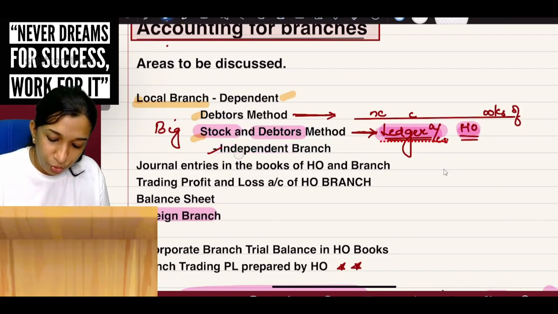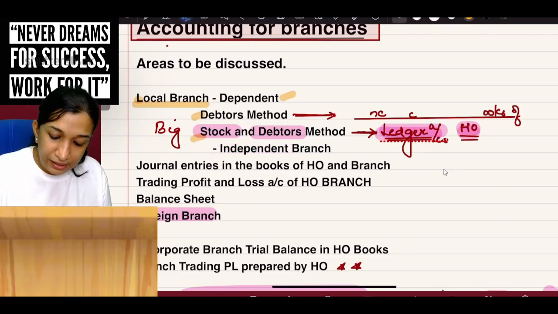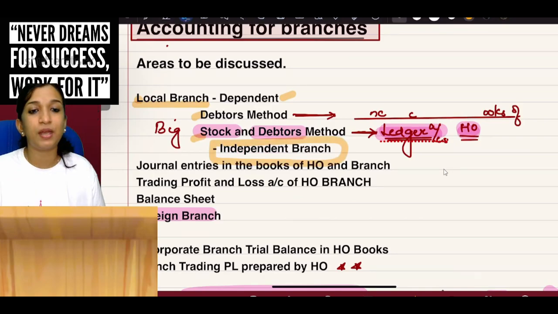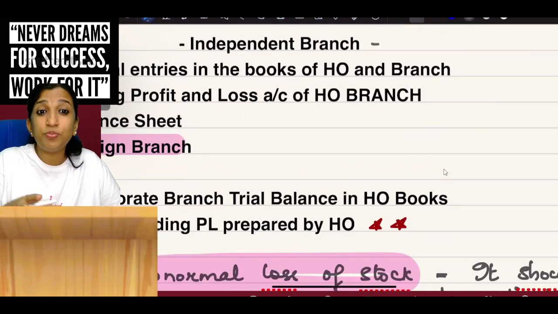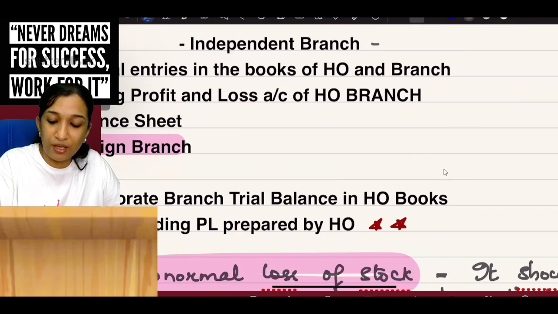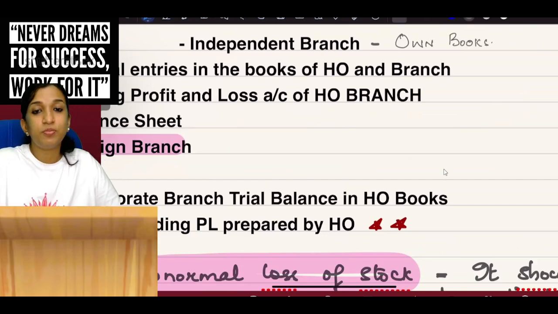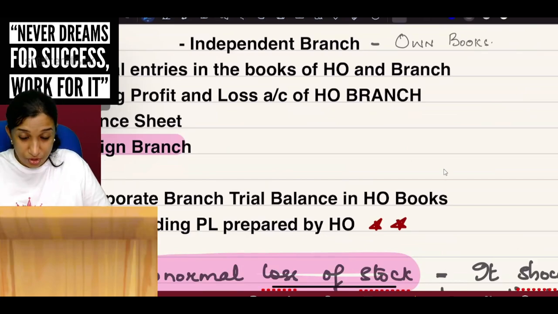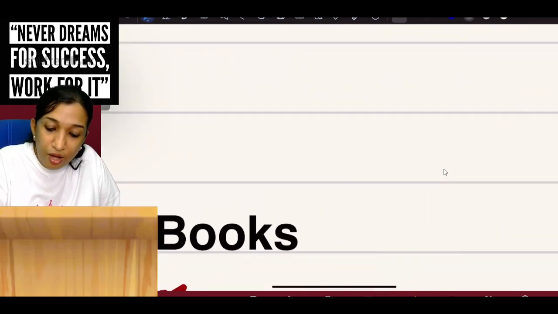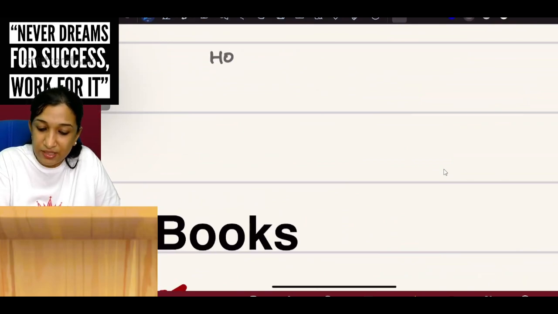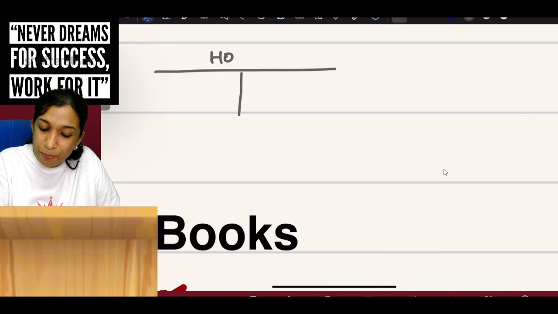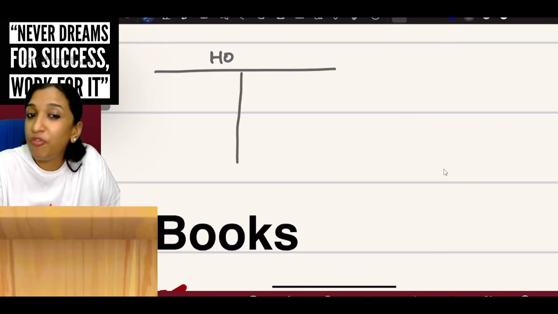Now we'll move on to independent branch. The branch maintains its own books of accounts. In the books of head office, head office spends a lot of money for the branch.